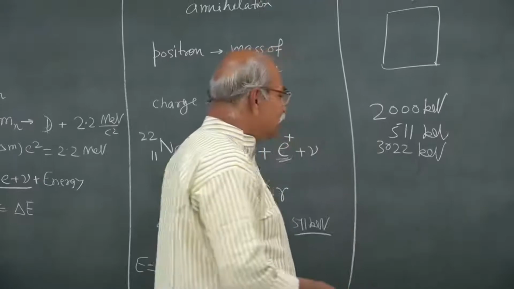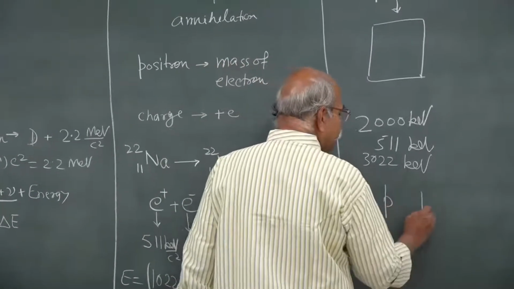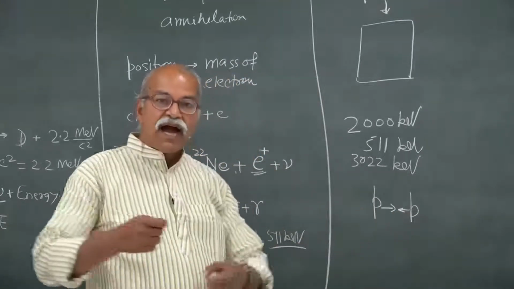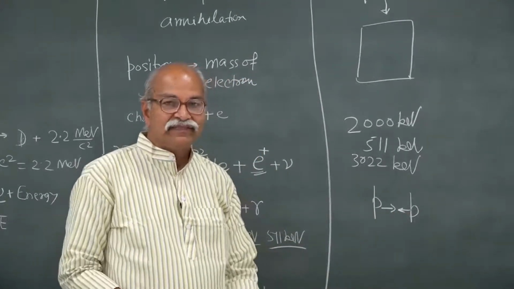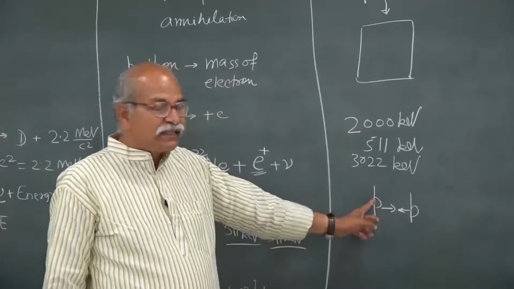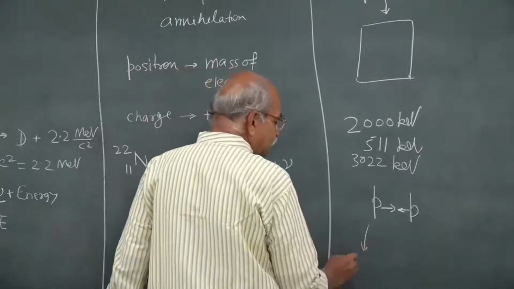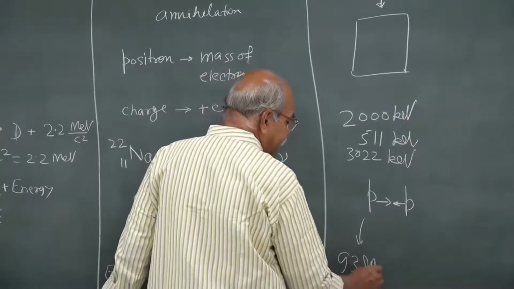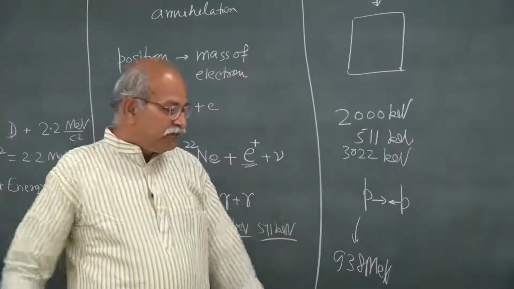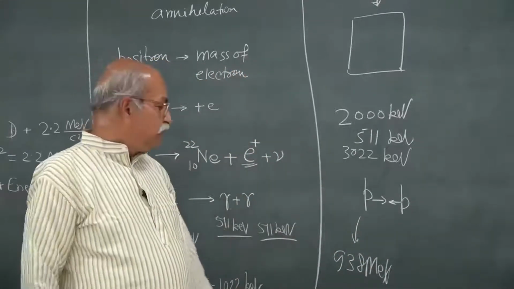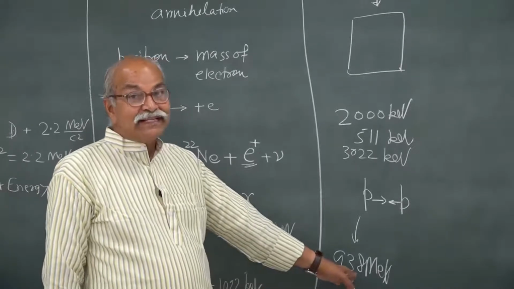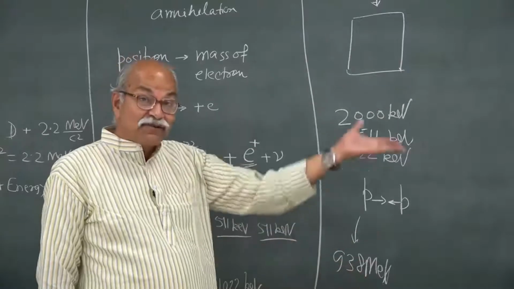So, it is possible that you have protons coming towards each other, and they collide with high kinetic energy. So, the initial energy of this proton is very high. The rest mass energy is something like 938 MeV. This is the rest mass energy of this particle. But then when we accelerate the particle, we can go much higher than this. We can go to giga electron volt and then tera electron volt.